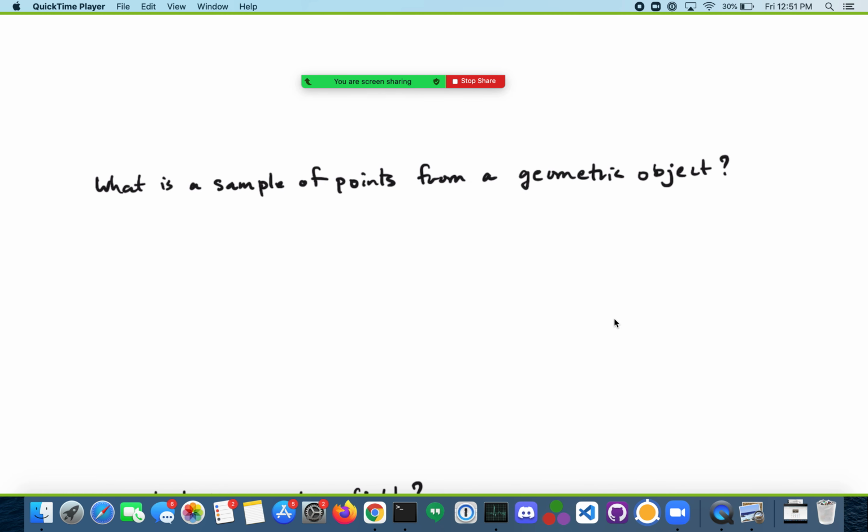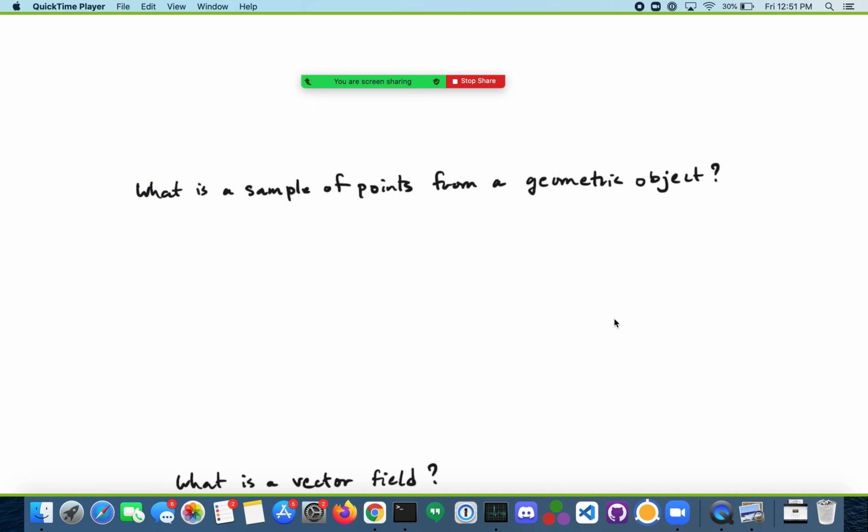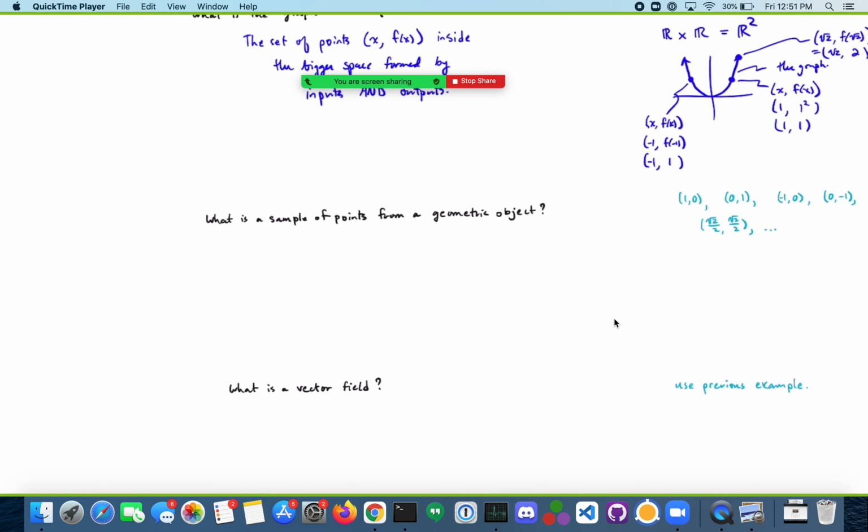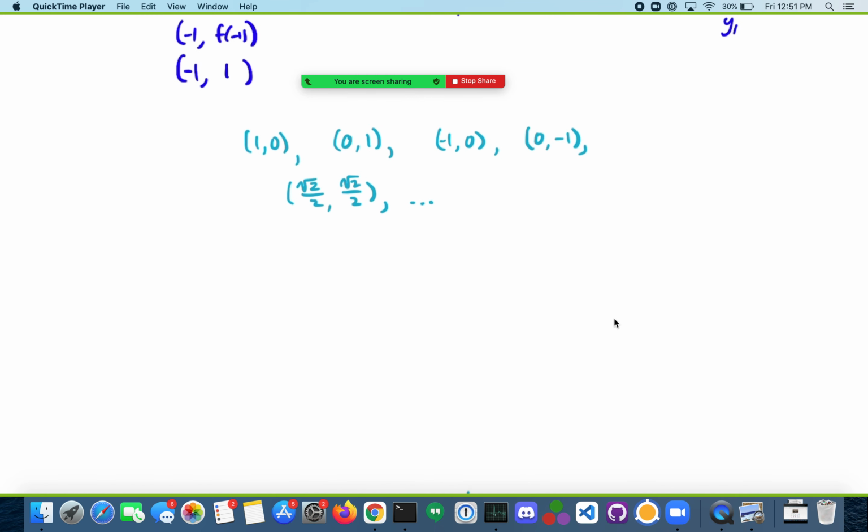What is a sample of points from a geometric object? So a sample of points, or a sample, is just a list. It's just a list of points. So here, each of these points is an element of R2. So I have a list of points in R2, and I can draw R2. I can start drawing these points. 1, 0 is that point. 0, 1 is that point.